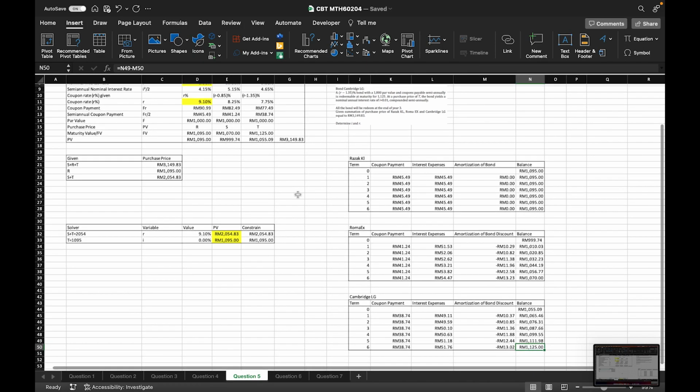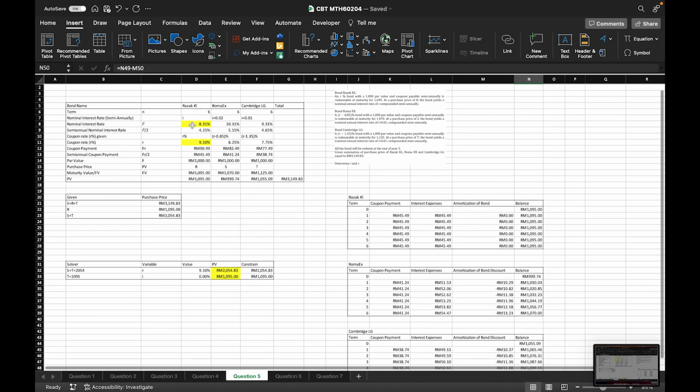In this question I already solved it using Solver.